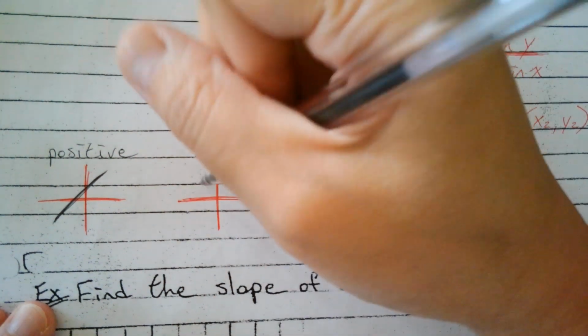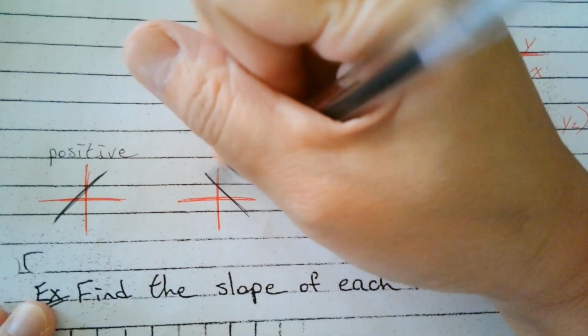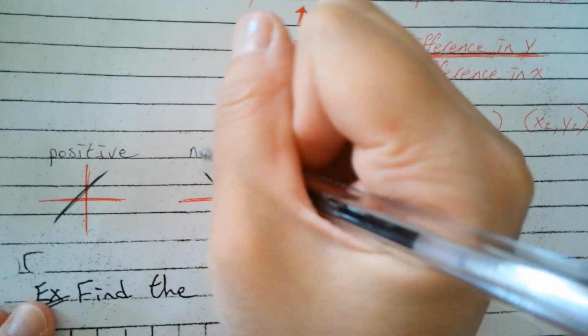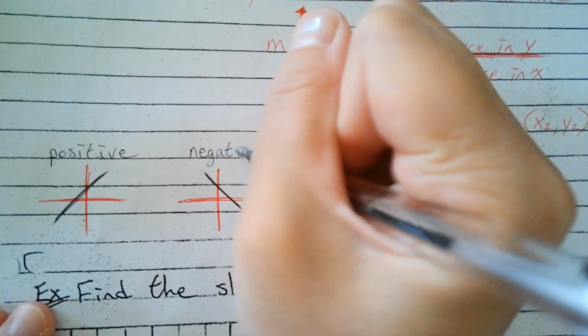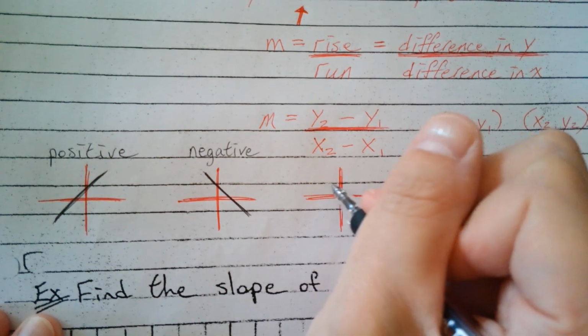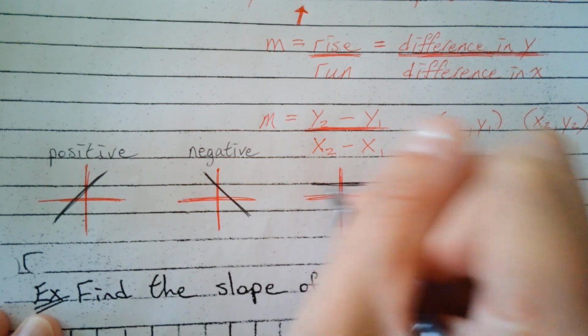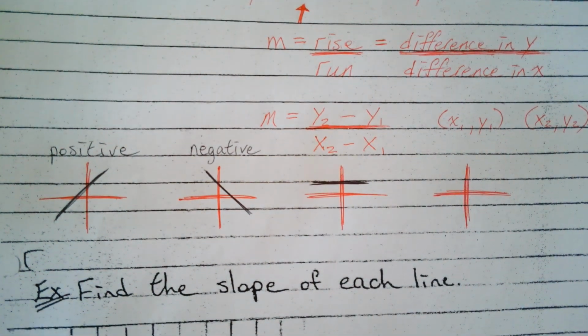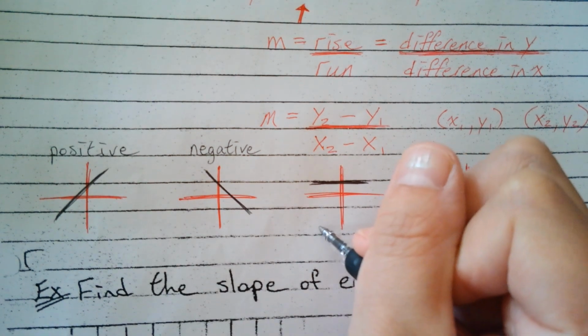If my line goes this way, it has a negative slope. What about a horizontal line? John? 0, right? This has a 0 slope.